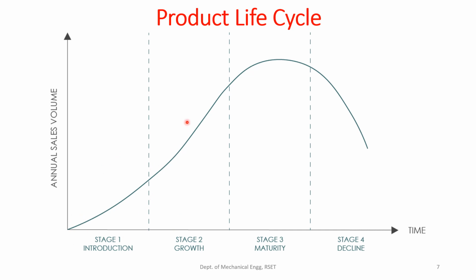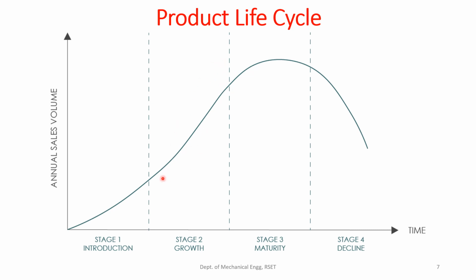So second stage is a stage where you see the slope of this particular curve being the maximum. So this indicates a region where the sales growth rates are extremely high, and that is why we name this stage as the stage of growth. Now this happens when the consumers become aware of the product and they develop a liking towards a product or a service.